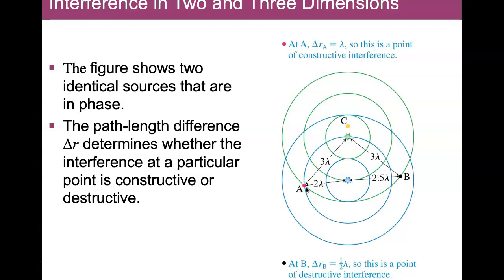Okay, so thinking about point A, it's a distance 2 lambda from the blue source. It's on the second circle here. And it's a distance 3 lambda from the green source. So the difference between distances is lambda, and the sources are in phase.